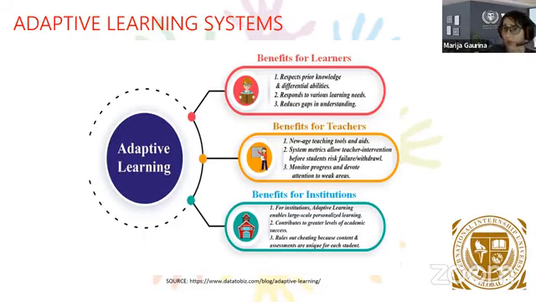It is success that you are looking for, and it rules out cheating because content and assignments are unique for each student. You don't need to listen to modern methods in STEM if you are not interested. So this is unique for you because you are interested in this topic, and IIU made it possible for you to listen to this webinar. So adaptive learning systems are very good for learners, for teachers, and for institutions.